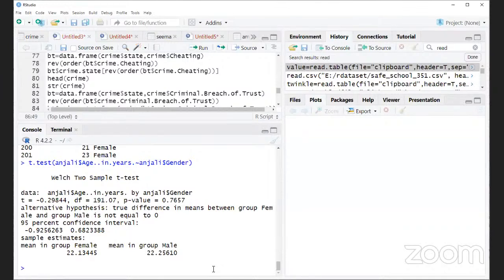Now you write down t.test, bracket, Anjali, dollar, age in years. Enter.